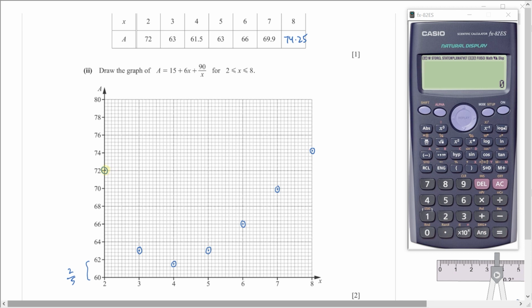So we'll start here. So this will be your curve for this equation.